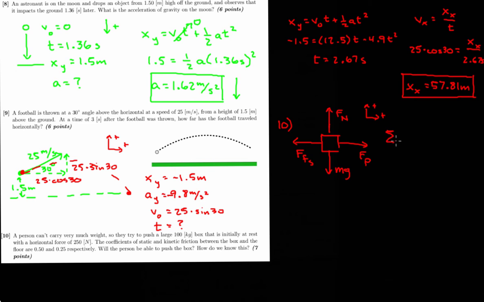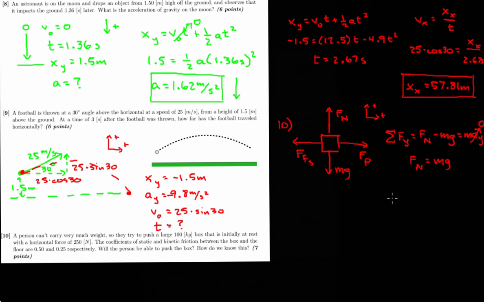So if I sum forces in the y direction, I get normal force minus the weight force equals mass times the acceleration in the y direction, which is 0, because this thing's only moving horizontally. So that means that the normal force is equal to the weight force.